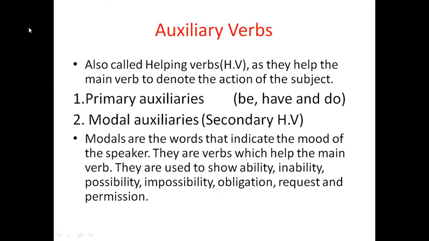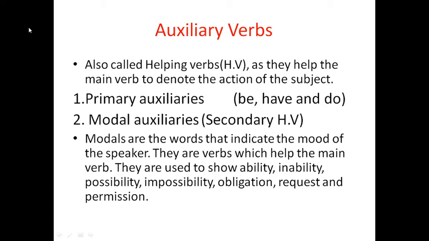Okay. Let's see what auxiliary verbs are. Already I have told you verbs are divided into helping verbs and main verbs. Main verbs are V1, V2, V3, V4: base form, present form, past participle form, and present participle form, that is the ing form. And again, V1 and V2 are finite verbs, transitive and intransitive verbs.